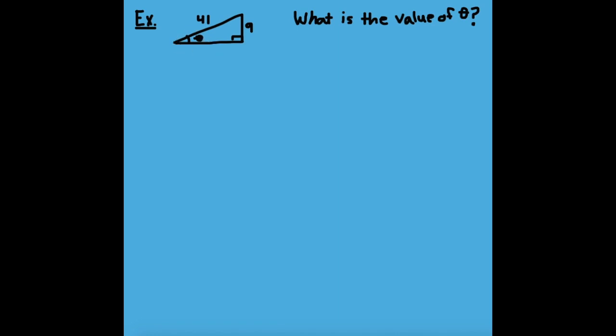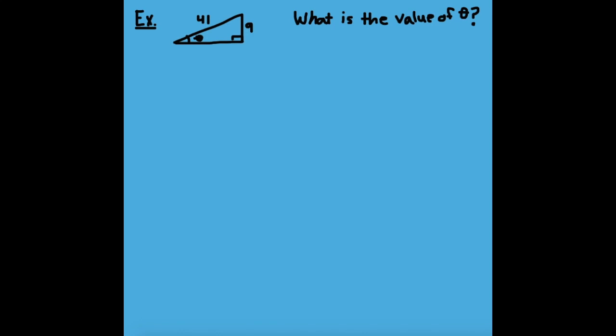Now, we are only given two sides of the triangle, and that is okay. If you want, you can find the third side of the triangle. You can find the other leg of the triangle using the Pythagorean theorem. But in this case, it is not necessary.